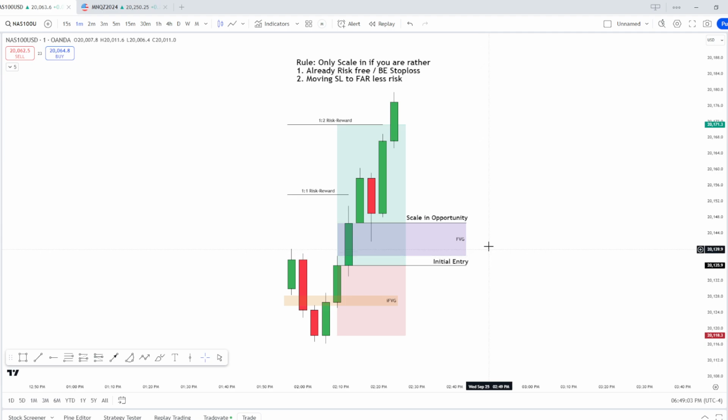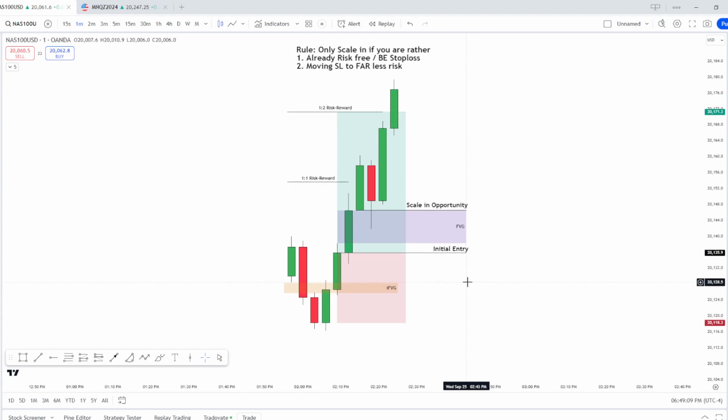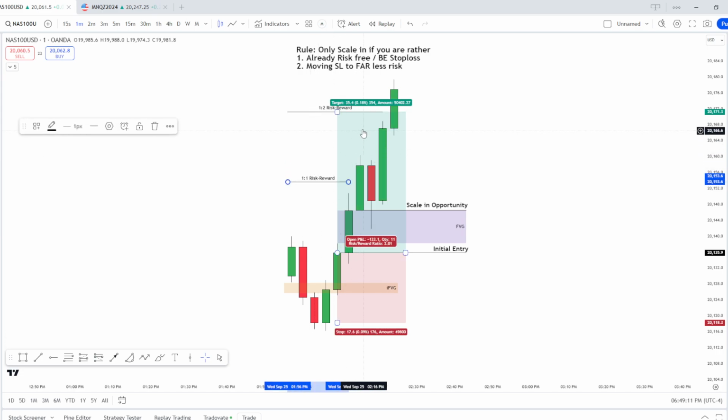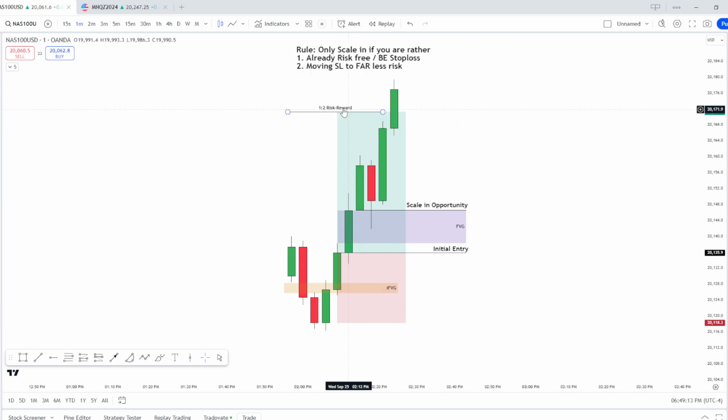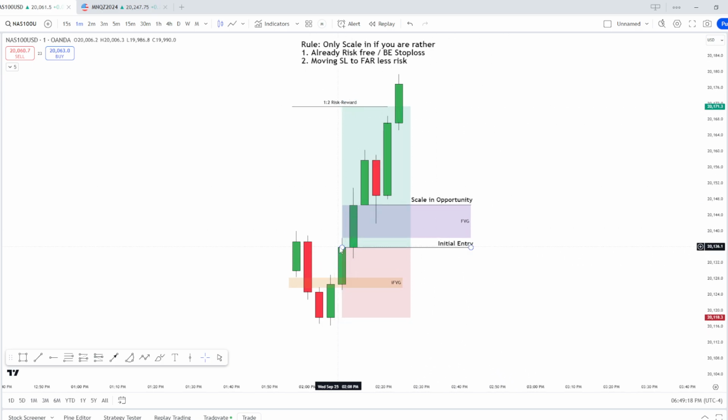And the second way that you could do this is if you are moving your stop loss to far less risk. So let's say you don't set a break-even stop loss, and this is just your target up here, and we entered this initial time. Let's say we see that price creates this bullish fair value gap right here, and we want to scale into this trade. If we scale in here, we cannot keep the same stop loss, because you're going to have way more risk.